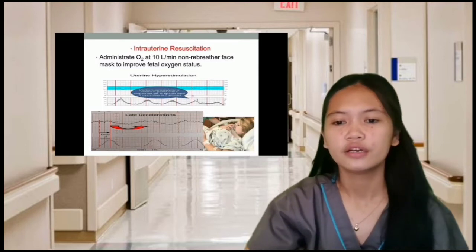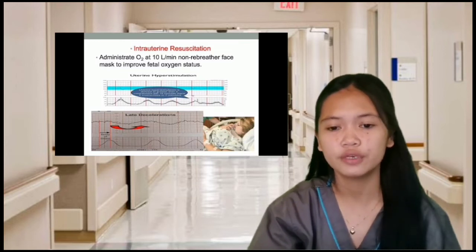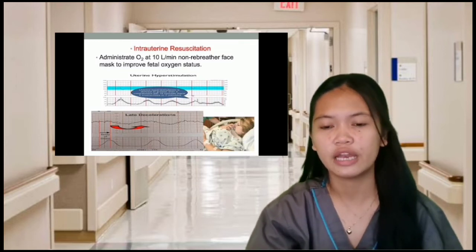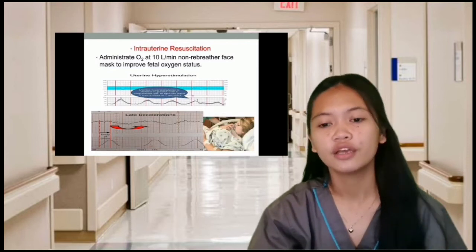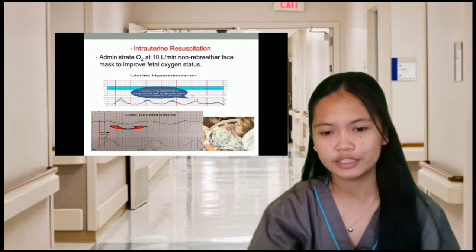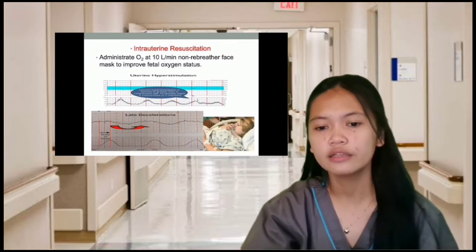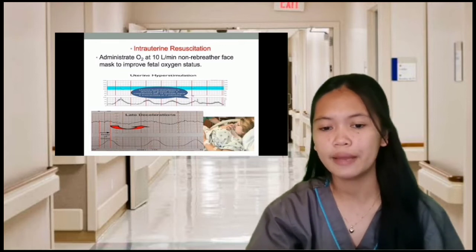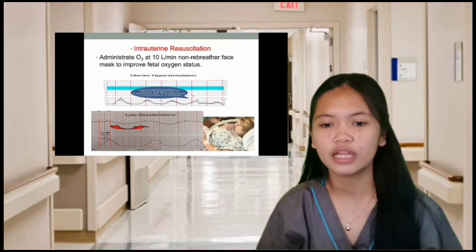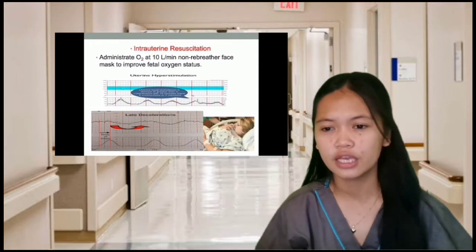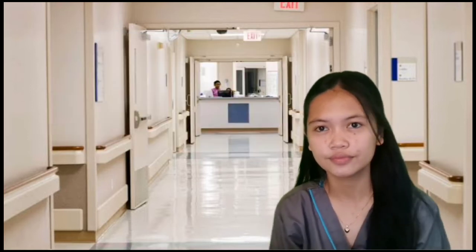The intrauterine resuscitation interventions: give oxygen, IV fluids, reposition the mother to the left side-lying position, assess maternal blood pressure, especially if shortly after epidural placement. Check the cervix, for imminent delivery or cord prolapse. Stop the oxytocin if this agent is being used, and lastly, terbutaline can be given to space out contractions, especially if tachysystole is a concern.